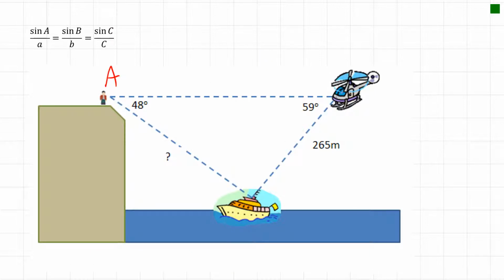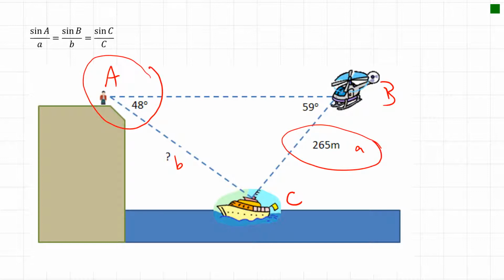So if we go back to the labeling we had chosen for this triangle and we're going to use the sine law, notice that it's angle A that we know something about, side a, and angle B we know something about, and we want to find little b.